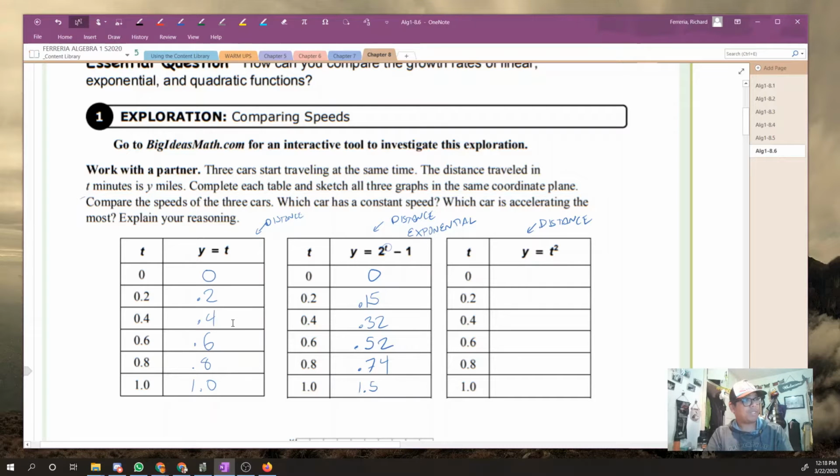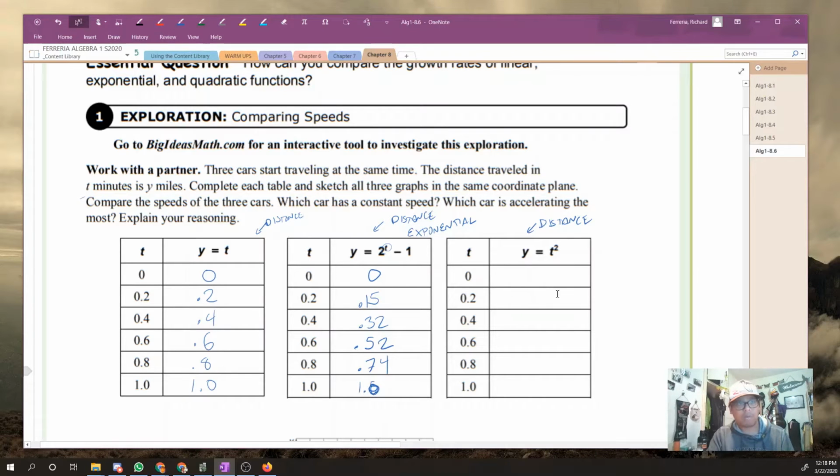At 0.4, the linear graph has gone farther. At 0.6, the linear graph has traveled further. At 0.8, same thing. And once we get to 1.0, the two graphs have traveled the same distance.